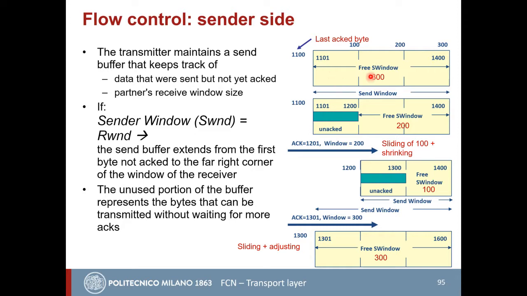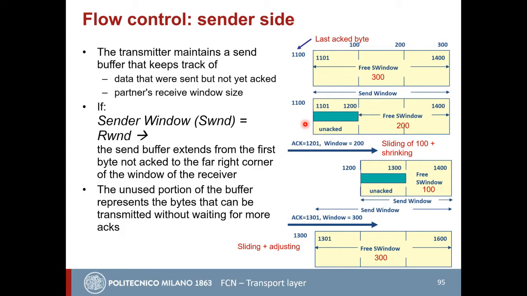This is the initial transmission buffer that you have on the sender side. At the beginning it is empty, and the size of the transmission window is 300, according to the last notification from the receiver. Okay. Now the sender starts sending the first segment.